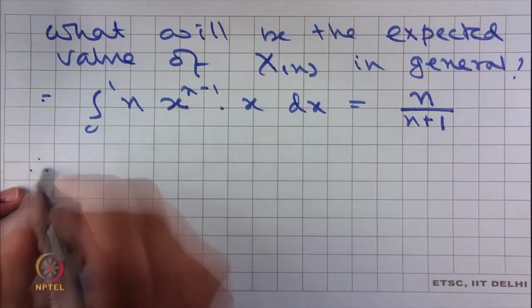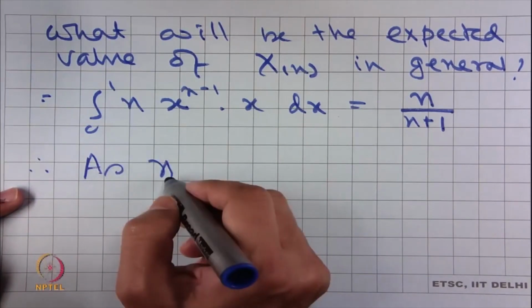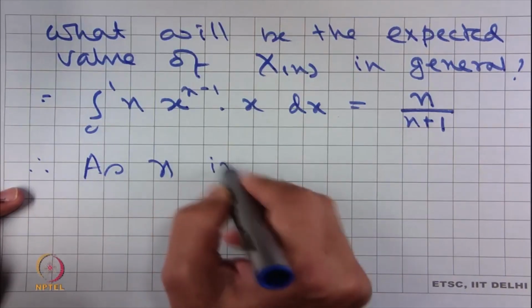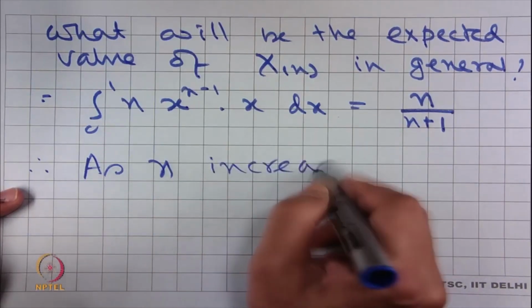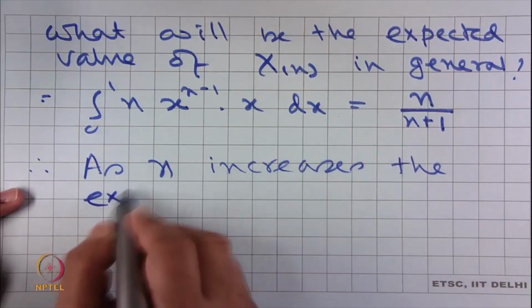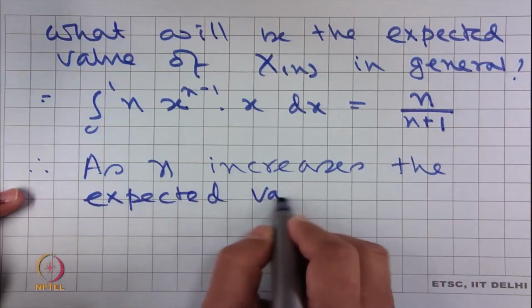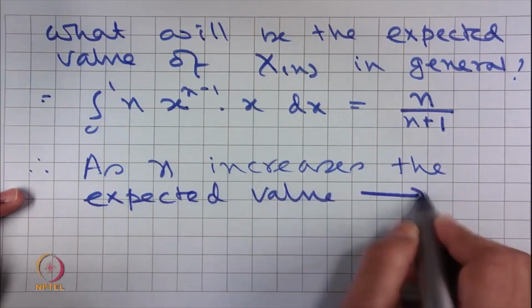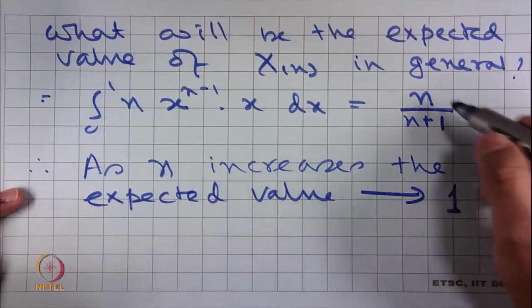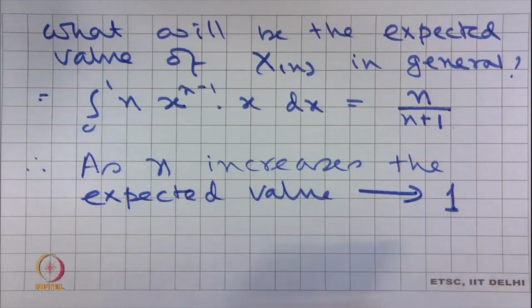Therefore, what does it say? As n increases, the expected value converges to 1, because n upon n plus 1, if you take n to be large, comes closer and closer to 1.